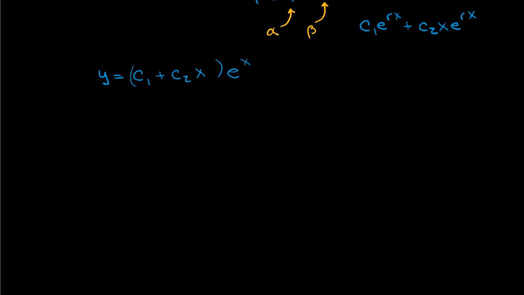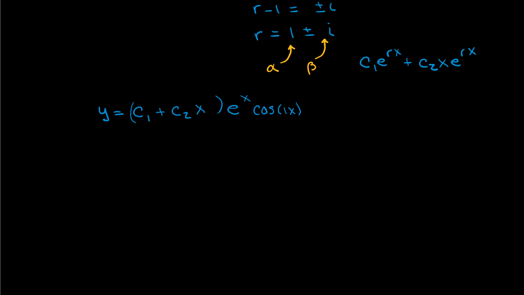Because in this case we're dealing with an imaginary situation, we're going to need to use Euler's formula here, where we bring in the sine and the cosine. So we have e to the x cosine of 1 times x, the 1 coming from the alpha.